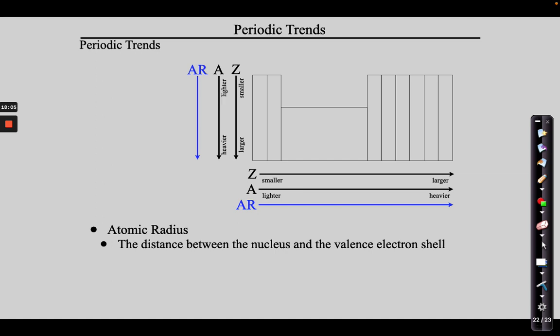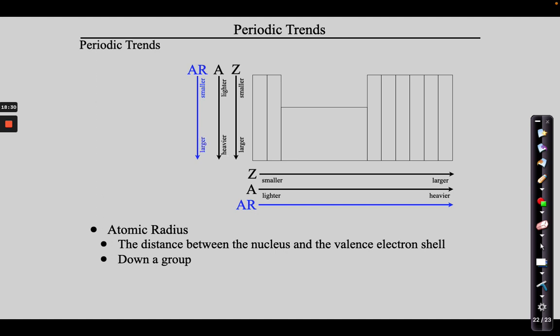Our atomic radius is the number in the bottom of that red corner. Let your eyes scan down. What's happening to our atomic radius? It's increasing.